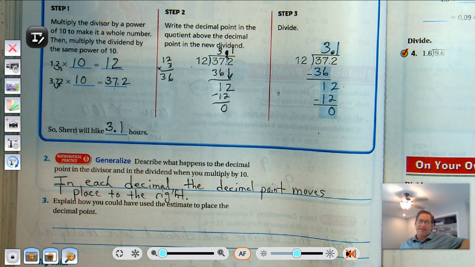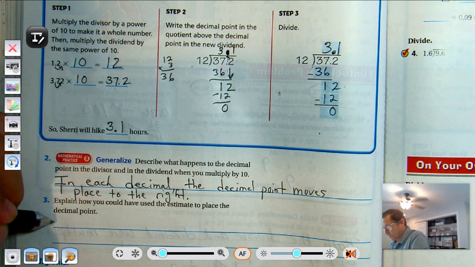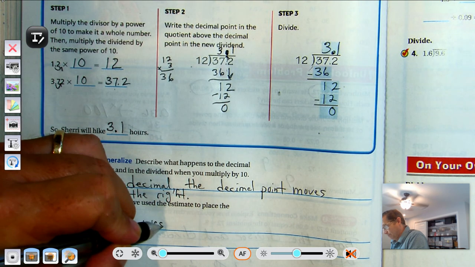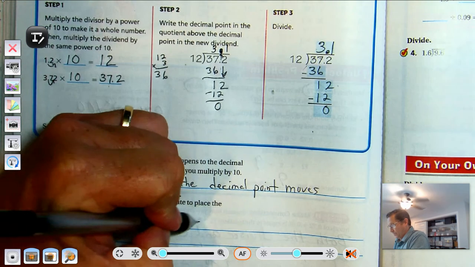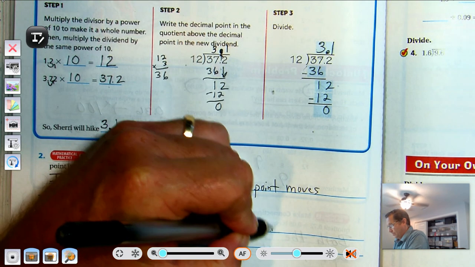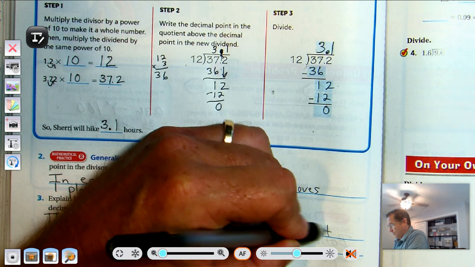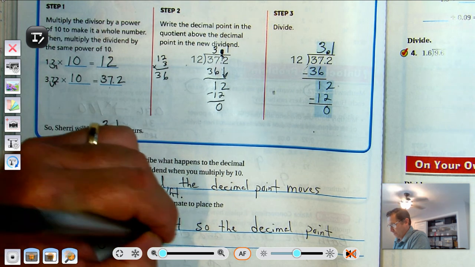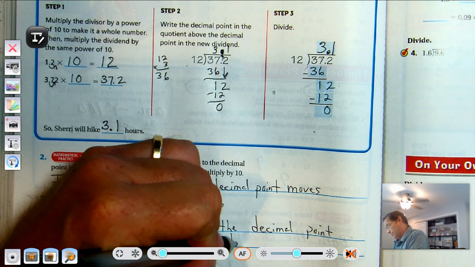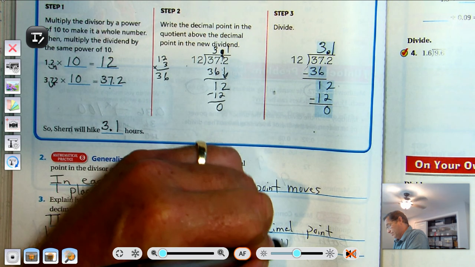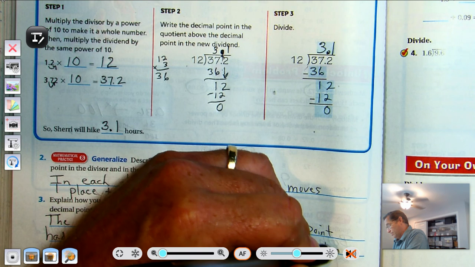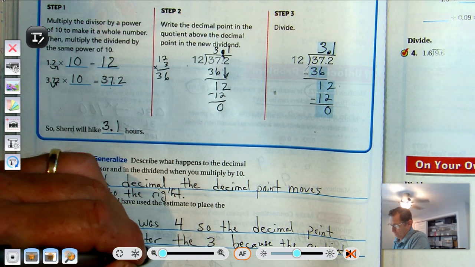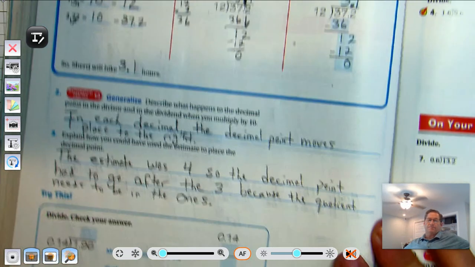So explain how you could have used the estimate to place the decimal. Okay, how do we know?